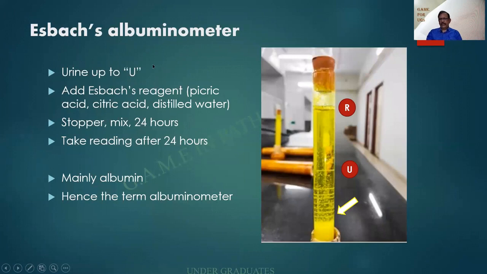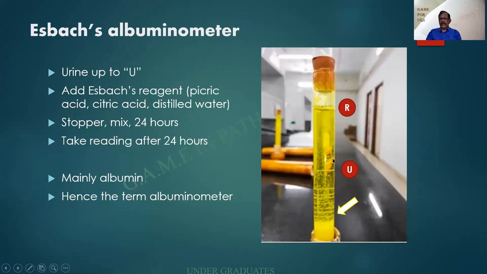Esbach's albuminometer. This is another one for 24-hour protein. This instrument is called the Esbach's albuminometer. Here it is graduated. There is a U mark and then there is an R mark. Up to the U mark, the urine is filled.